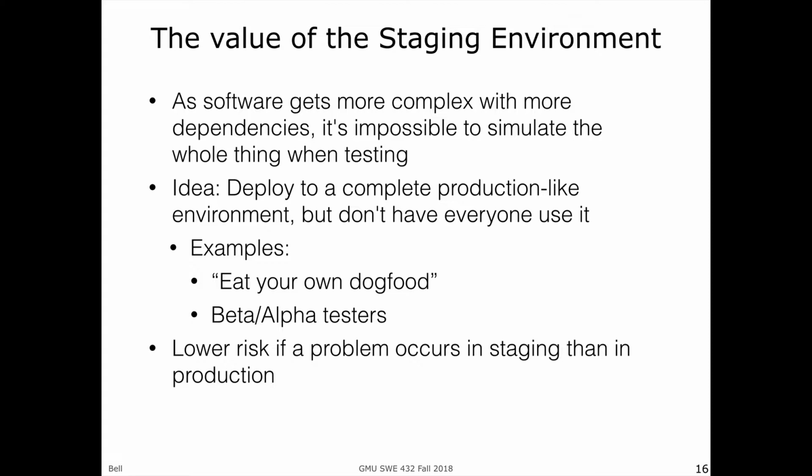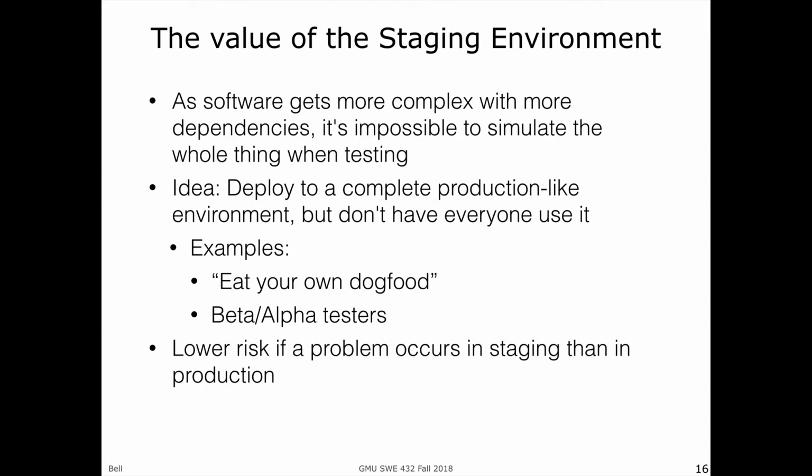So rather than deploying it straight into production and having users find bugs all over, or just testing it on our local machines, we have a production-like environment that not everyone uses. But it looks like production, and it has all of the same kinds of features and goals as the system that is in production that all of our users are really using.